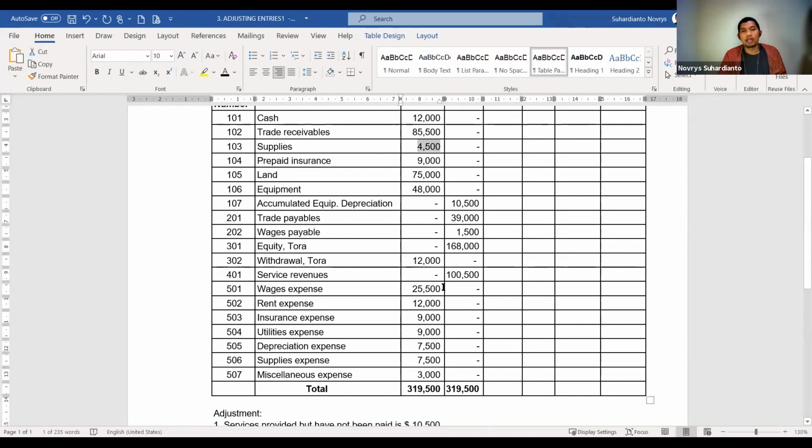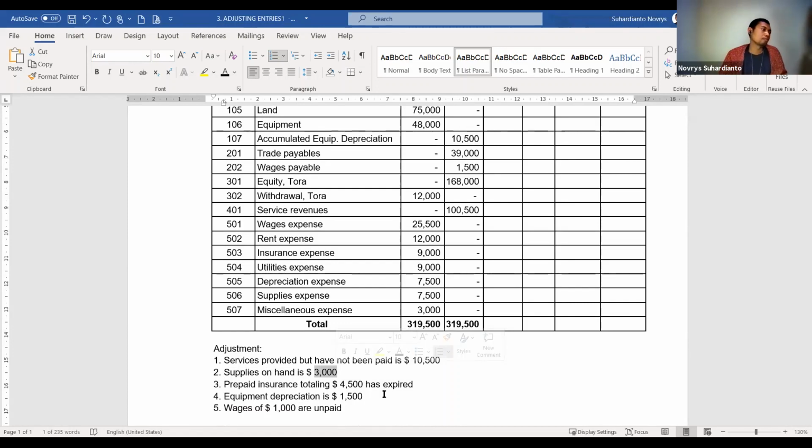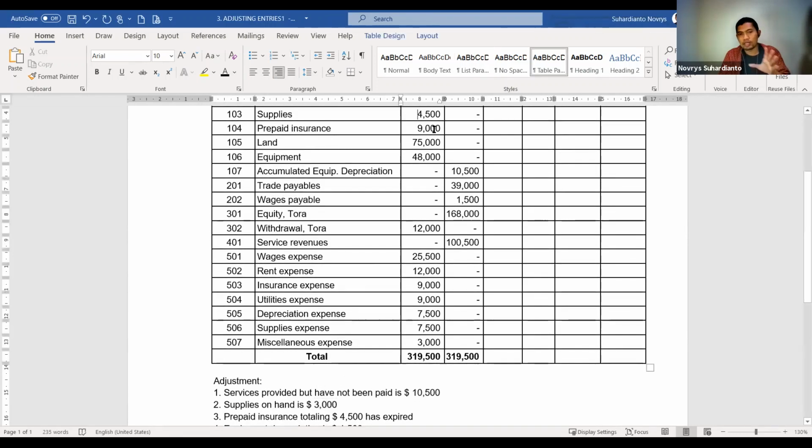And now after physical counting, the supplies on hand is 3,000. This means the business already consumed 1,500.